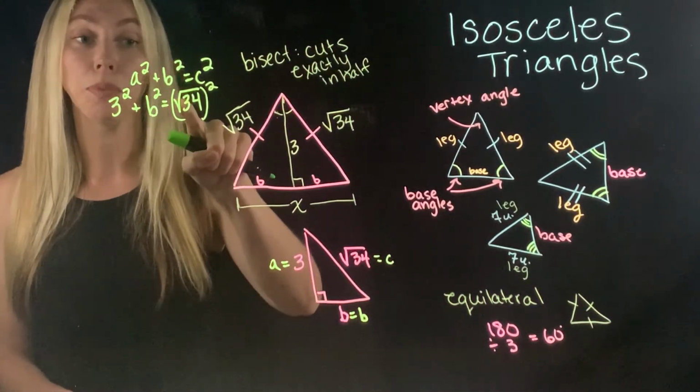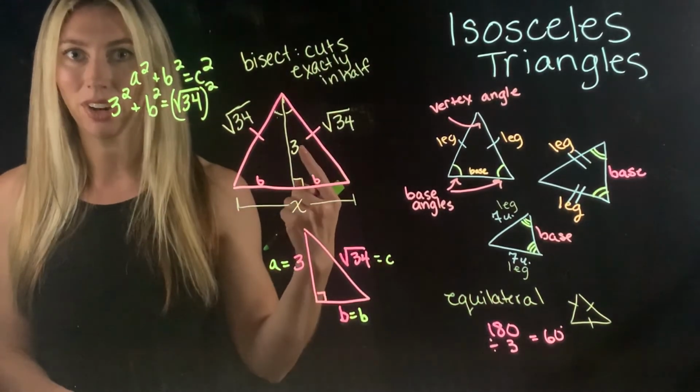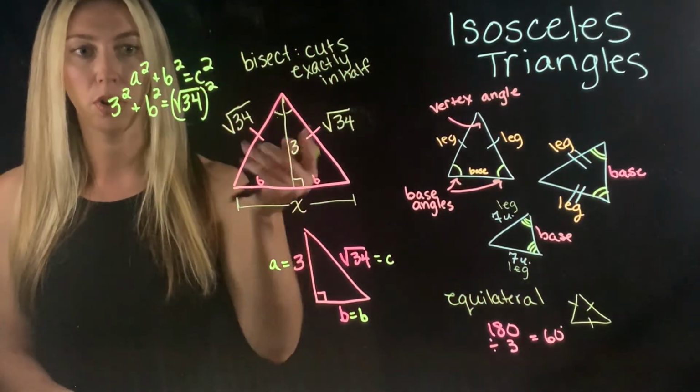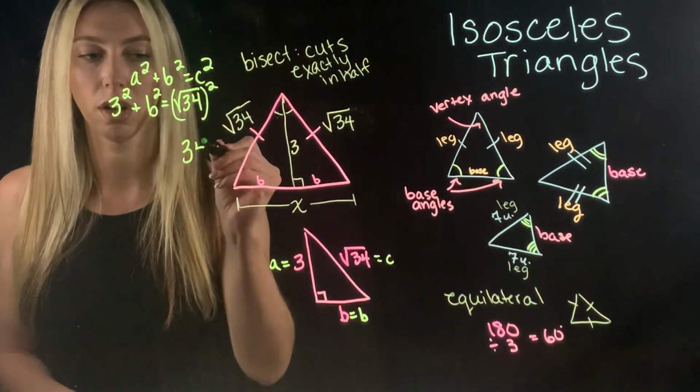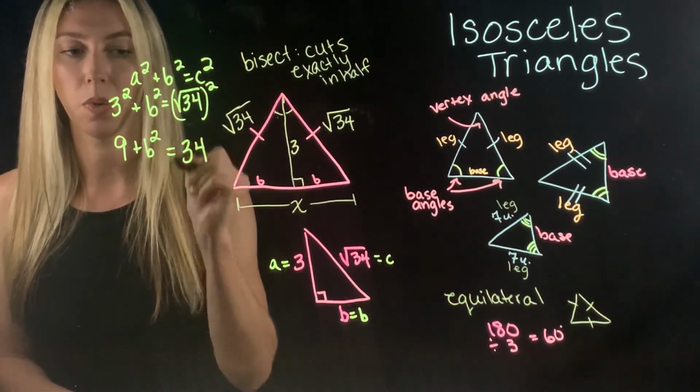So anytime you square a square root, they just cancel each other out. So if you square the square root of 34, you're just going to get 34. And then that would be 9, and that would be b squared.